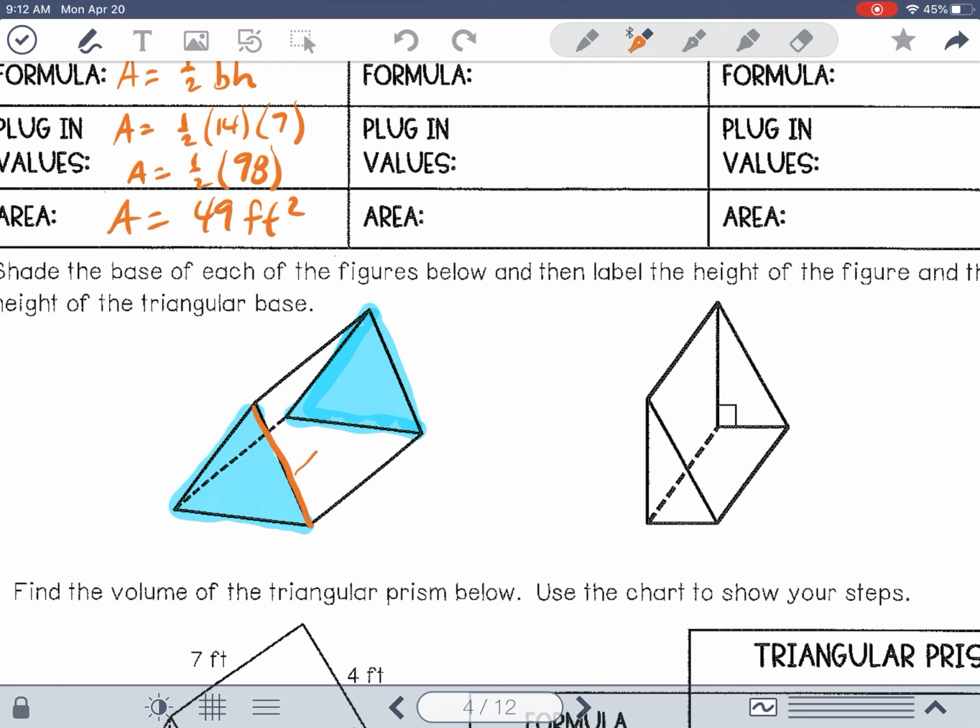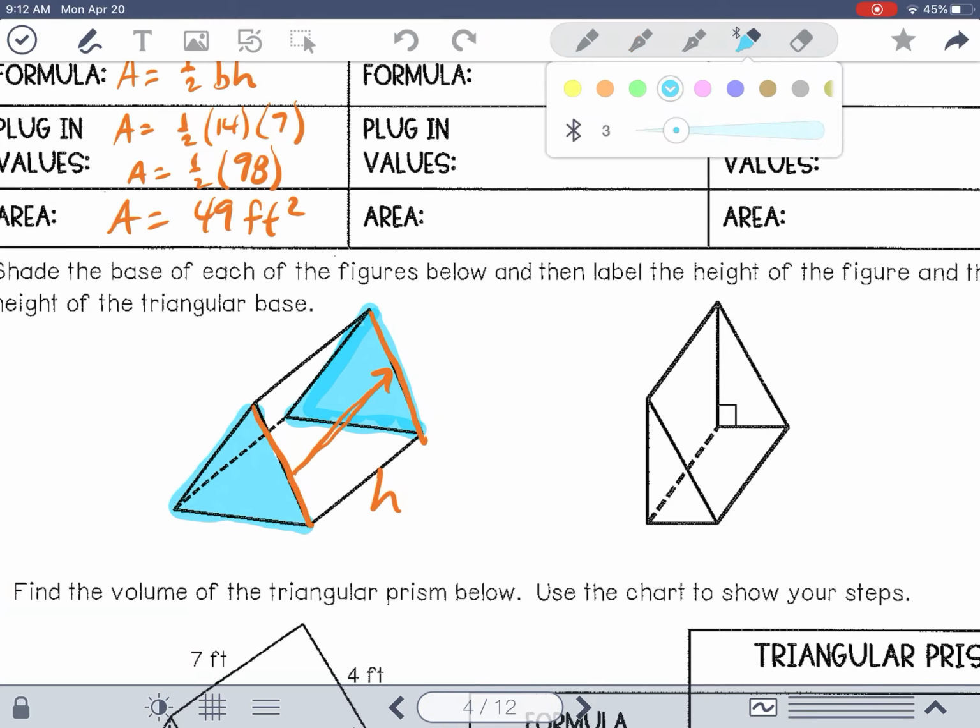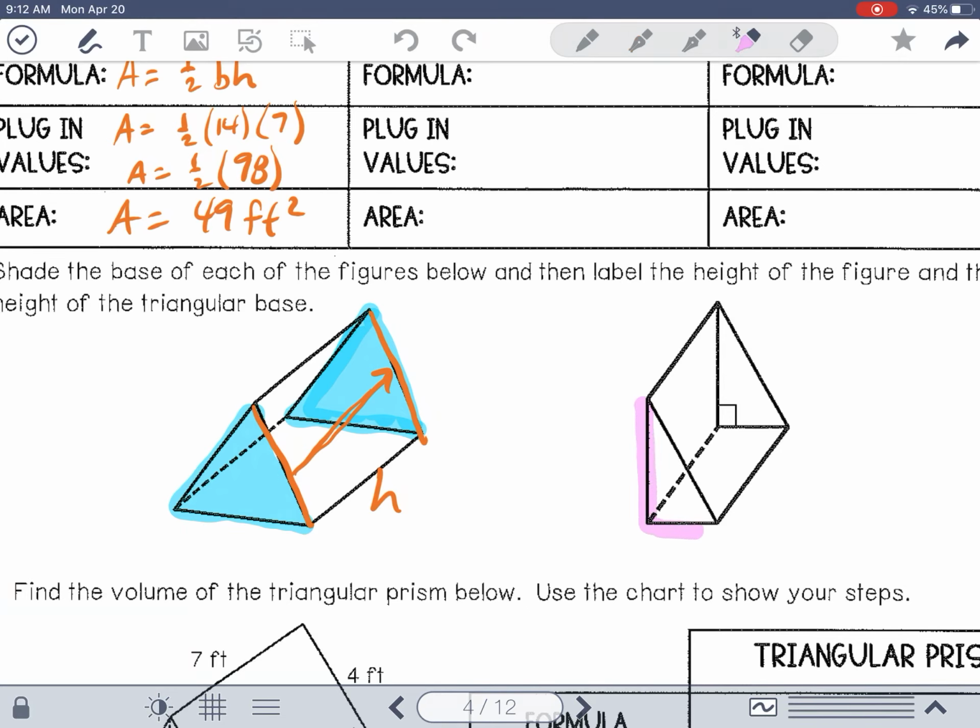You can go from here all the way down to this next one. That's the H that we're looking for at the very end. That's our H value. Similarly, here are our bases for this next one. There are the bases for those two shapes.